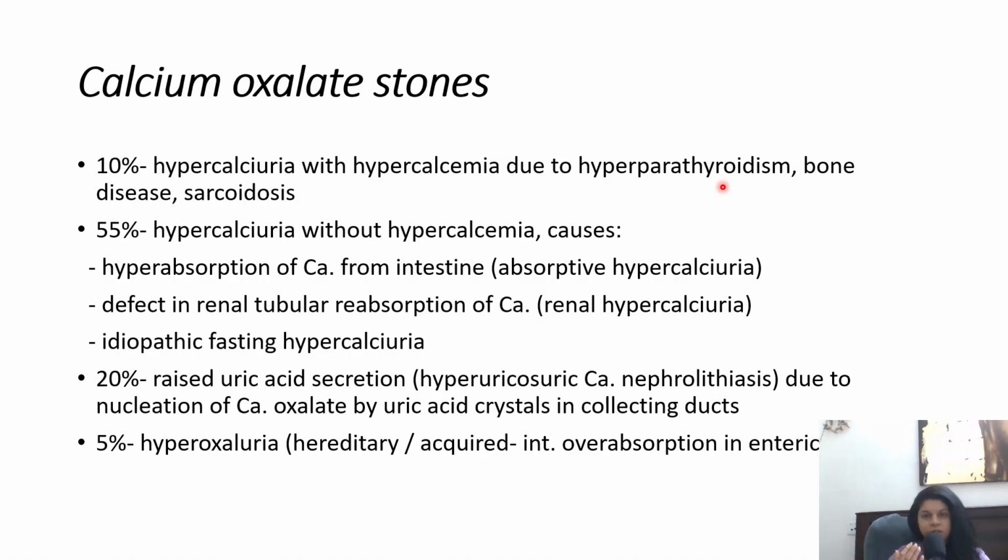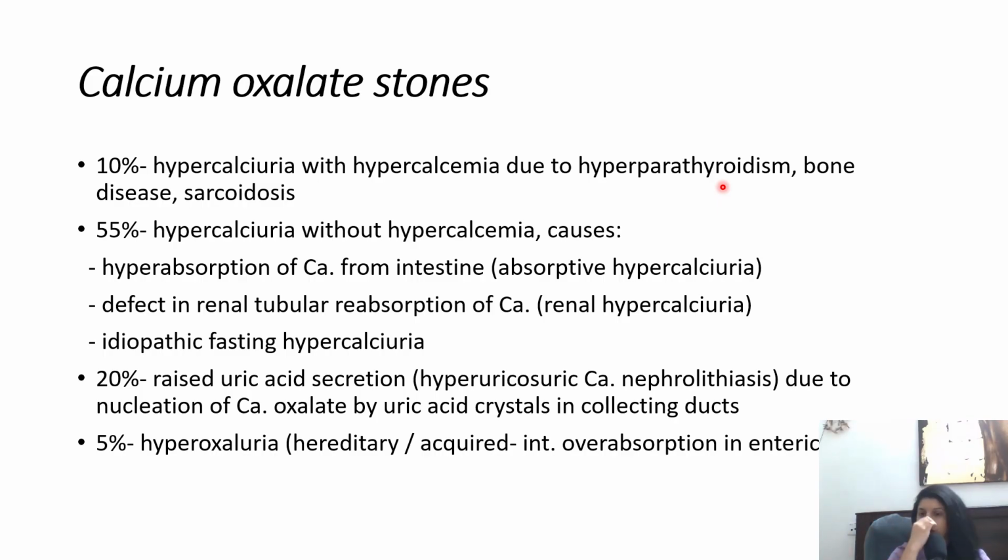You know, the parathyroid is important for calcium metabolism in our body. So when the parathyroid is not functioning properly, or if there is increased parathyroid hormone because of a parathyroid adenoma, etc., calcium will increase in the body. So there will be hypercalcemia, it will be precipitated in the urine, and they have calcium stones.